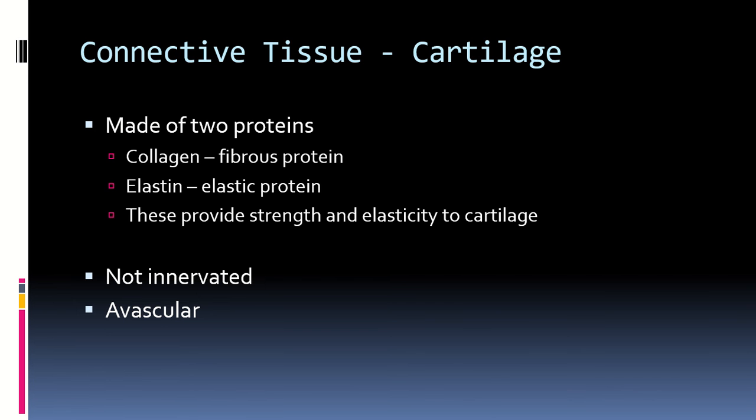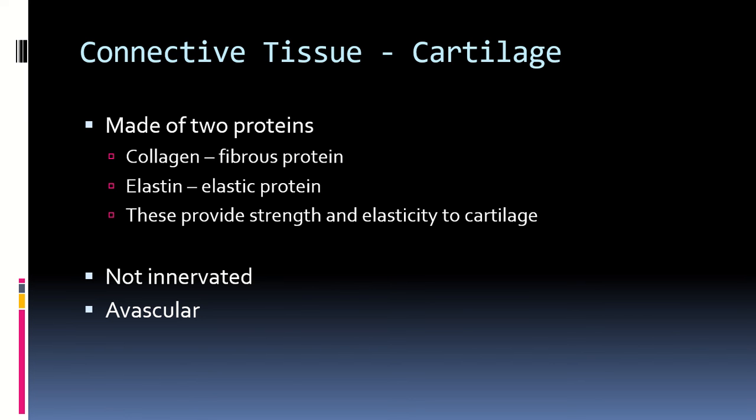Well, collagen is a fibrous protein, which gives a lot of hard structure, and elastin, well, as the name implies, is a protein that gives a lot of elastic quality. And, well, having both of these in cartilage gives it a little bit of elasticity, a little give and take, and also gives it some firm strength.